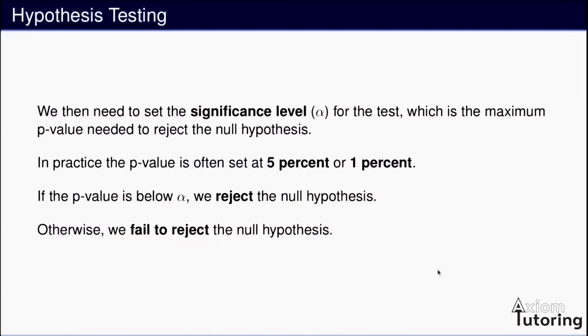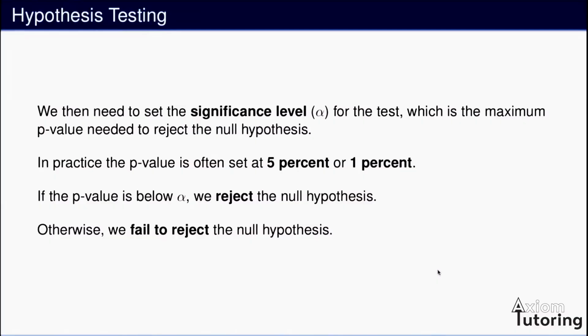We do not accept the null hypothesis. Okay, basically, the procedure of testing a null hypothesis is very often trying to find enough evidence to disprove the null hypothesis. But if we don't have enough evidence to disprove it, we can't just conclude that the null hypothesis is true. We just don't have enough evidence.